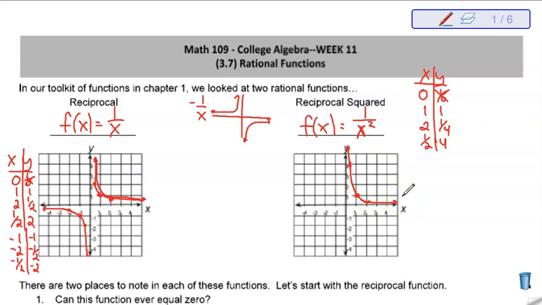Now, if I try to throw in negatives, well, what happens when I square any number? If I throw in a negative for x here, when I square it, it's going to become positive. So when I throw -1 in, squared gives me 1, 1 over 1 is 1. What's going to happen is that we actually have a symmetric graph here. At -2, I'm going to be at +1/4, and at -1/2, I'm going to be at +4.